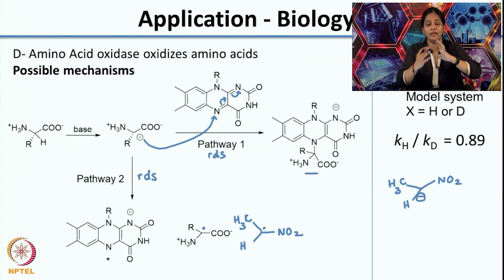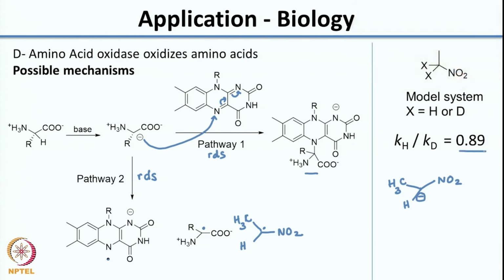So the bond angles would be such that your CH over CD bond length would have a greater impact, and because you see an inverse kinetic isotope effect, you can say that the reaction follows pathway 1. So this is what would be the mechanism.